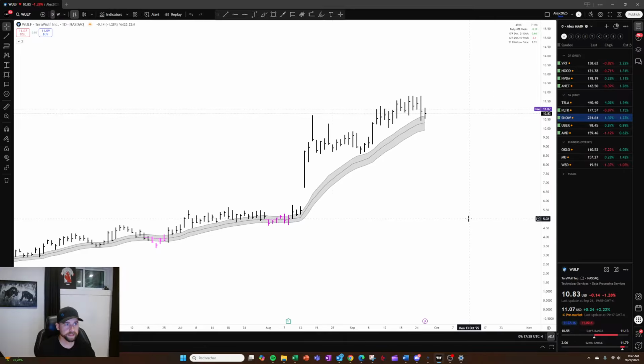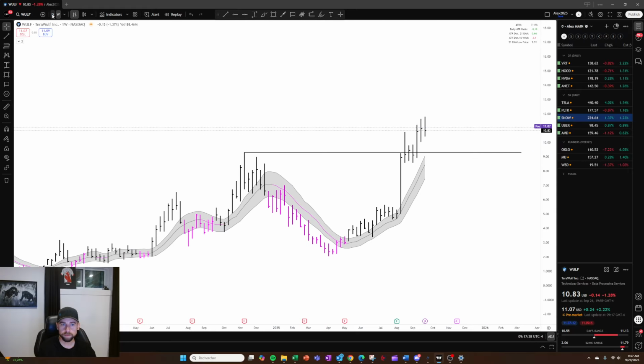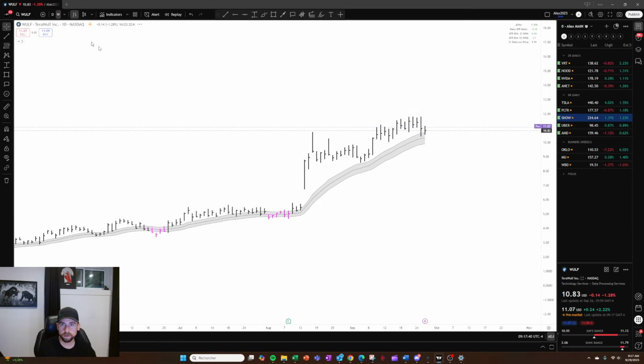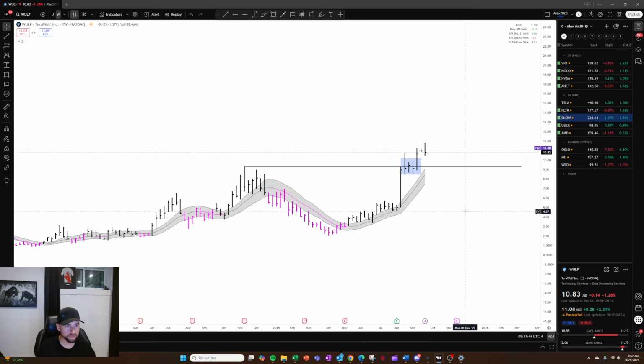Wolf, extended, too extended for me. So there's that big breakout, and I like to see that. We ran into that base super quickly, and when you see that, you don't engage right away.